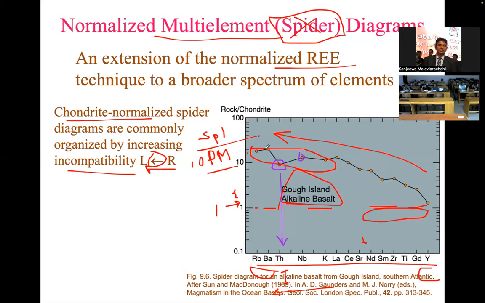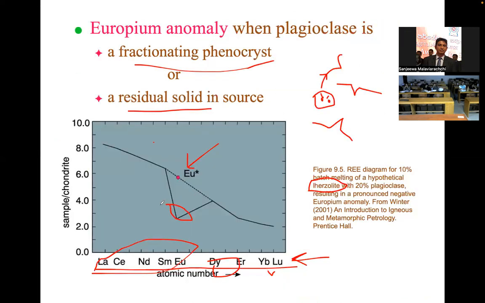That's how you see the depletion or the negative anomaly. This is a slight negative anomaly, not like the previous very strong negative anomaly you saw for the europium. Okay, because you see here the difference is large. Difference of the concentrations between the two adjoining elements is large, right? So in that case, you can say it's a strong depletion.